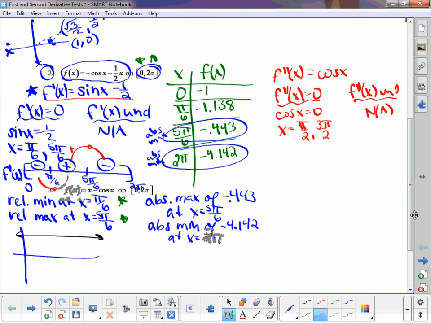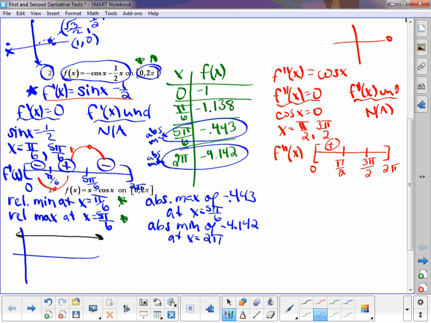Alright. So my second derivative number line I'm checking. And again, we're only going from 0 to 2 pi. So I have pi over 2 and 3 pi over 2. And this one's so nice to think of because we're going back to my second derivative. So we've got 0. Alright, so from 0 to pi over 2, what is cosine? Positive.